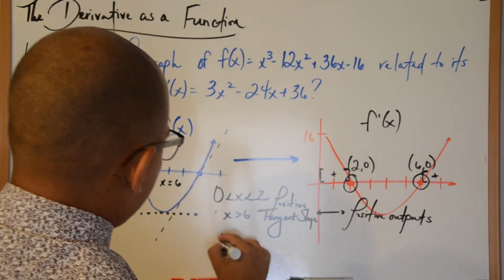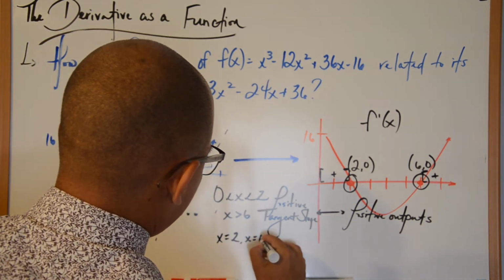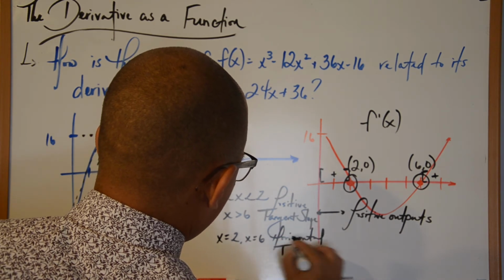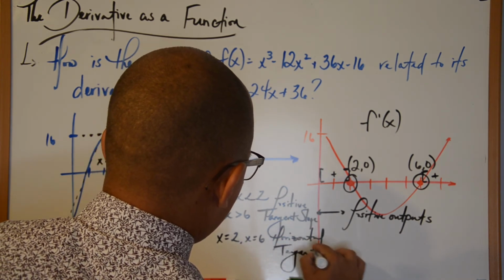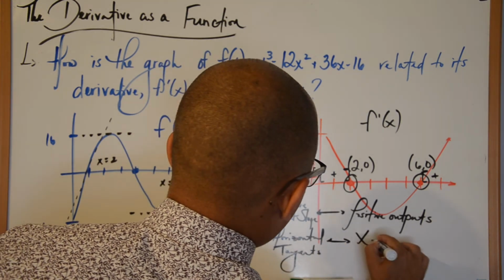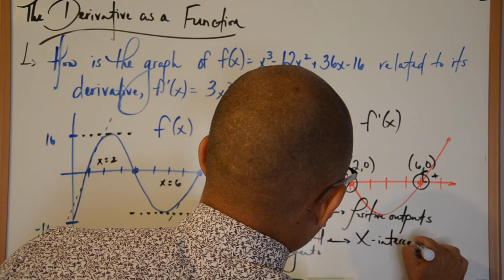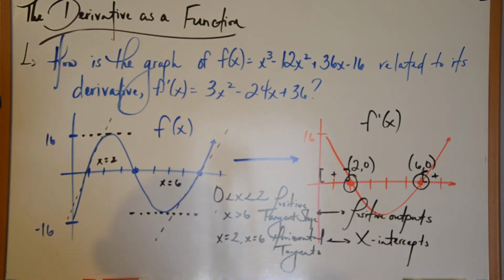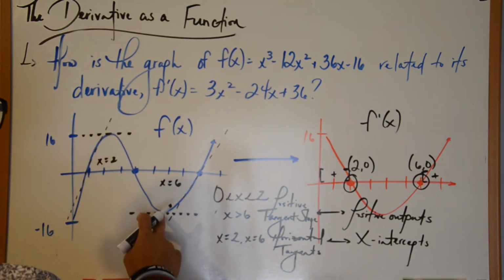We also talked about x equals 2, x equals 6. We have horizontal tangents, which become the x-intercepts. And the last piece of information, obviously, we left out is this interval between 2 and 6.